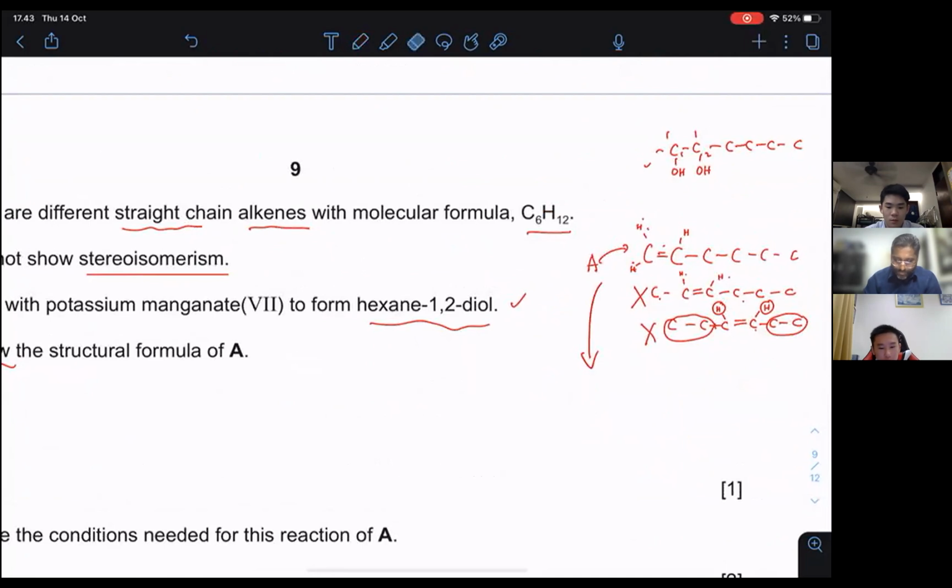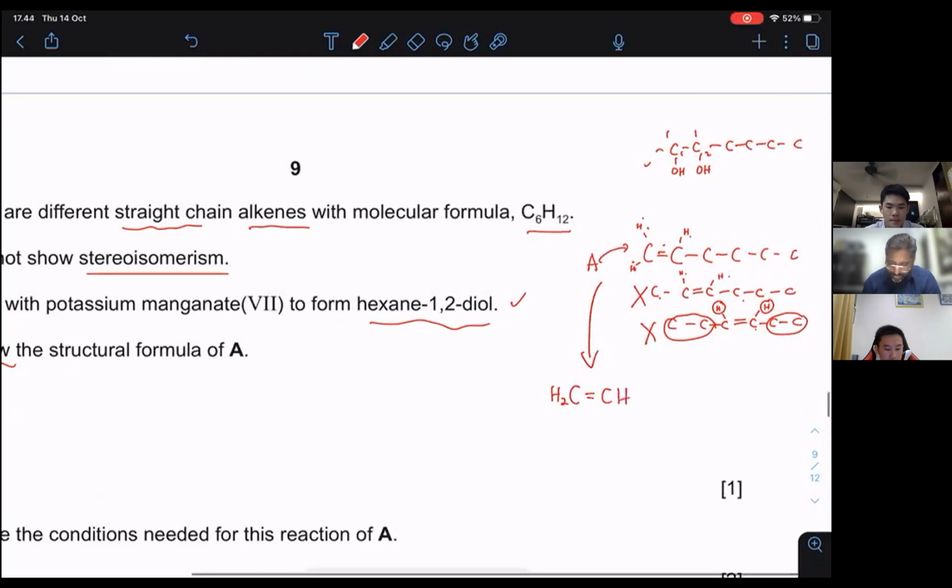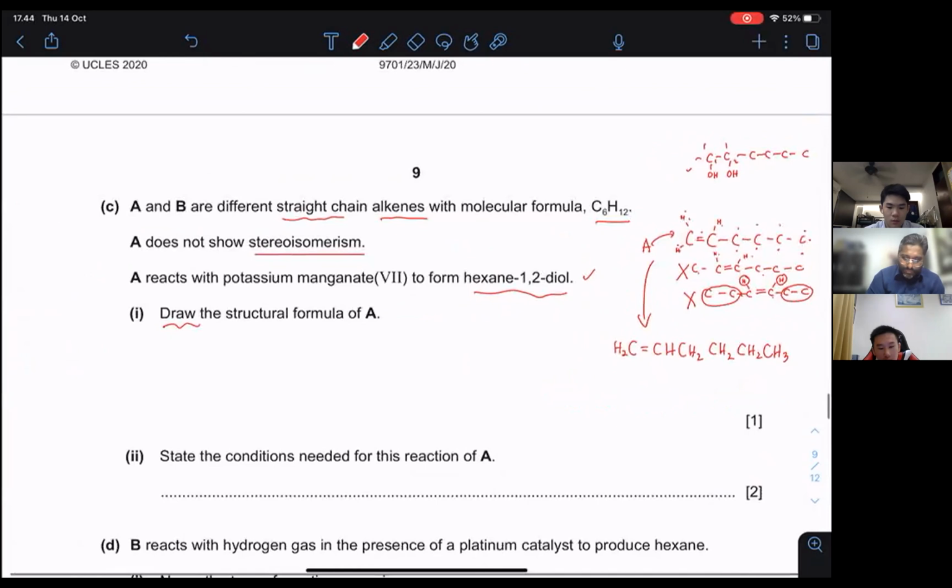I think it's better if I show the double bond: CH2=CH, CH2, CH2, CH2, CH3. So this should be the answer.